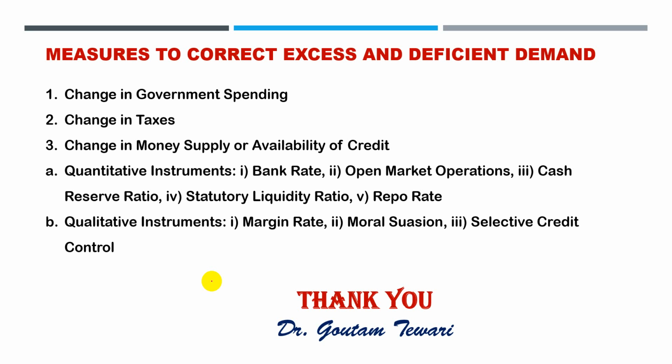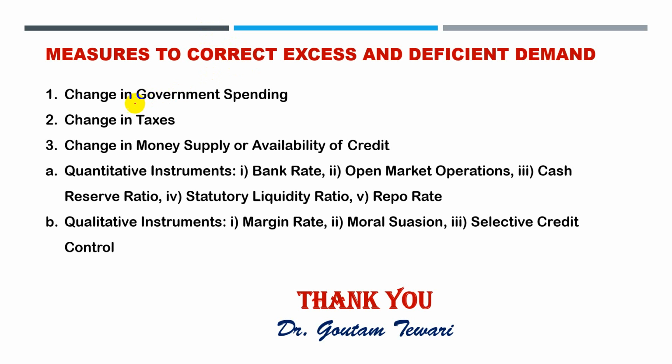Measures to correct excess and deficient demand. First, change in government spending. During the excess demand situation, the government will reduce its spending on goods and services. And during the deficient demand, the government will increase its spending.